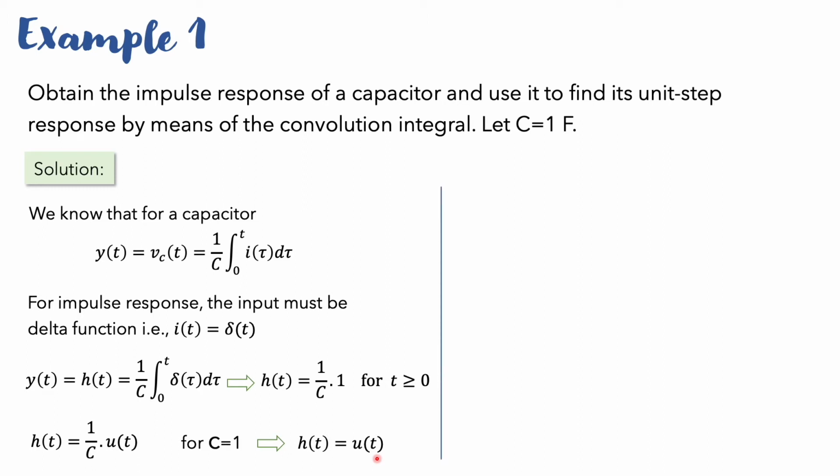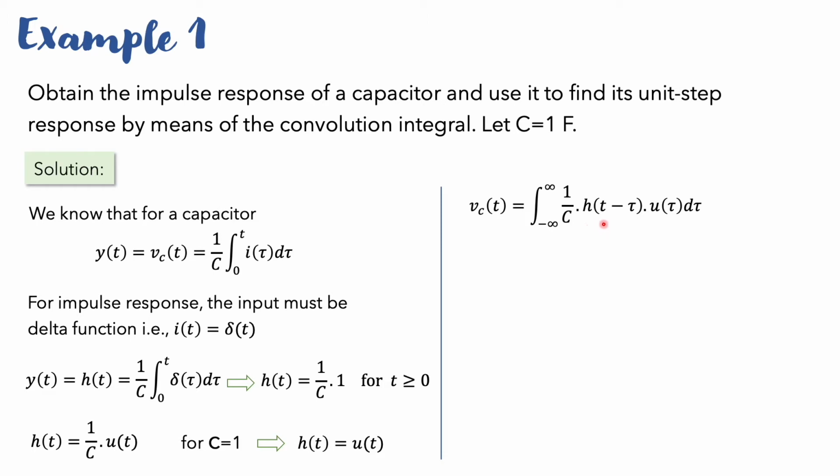Now the output of this system, when the input is the unit step function, will be calculated by performing convolution between the impulse response and the unit step function.